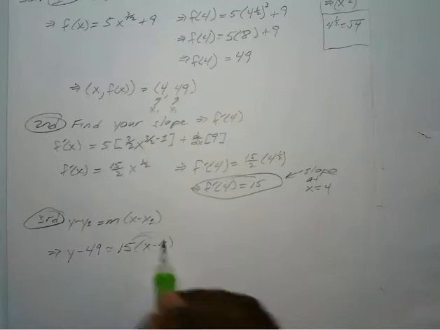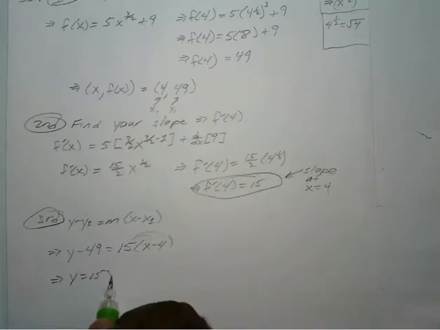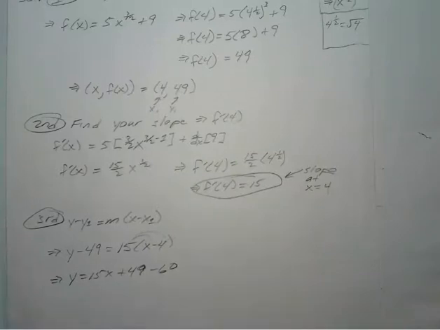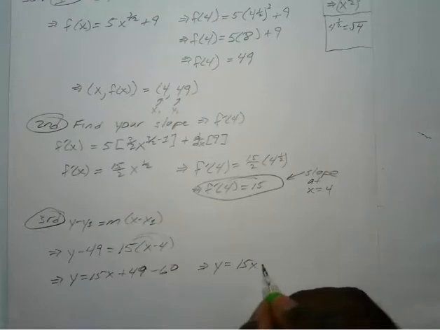So if we go ahead and distribute that 15 and add the 49 to both sides, you have y equals 15x plus 49 minus 60, since we just added the 49 and 15 times 4 is 60. So we end up with y equals 15x minus 11.